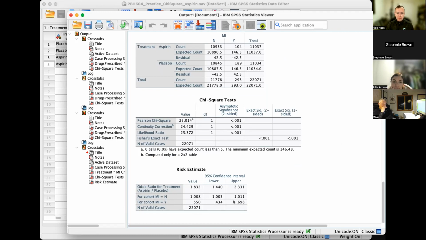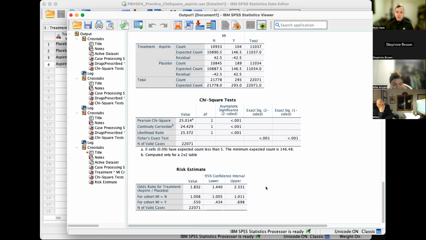Anyway, we're just going to ignore that. We want the odds ratio, which we have right here. Now notice, it tells you very clearly that this odds ratio has the aspirin group in the numerator and placebo in the denominator, just in the way the table looks.